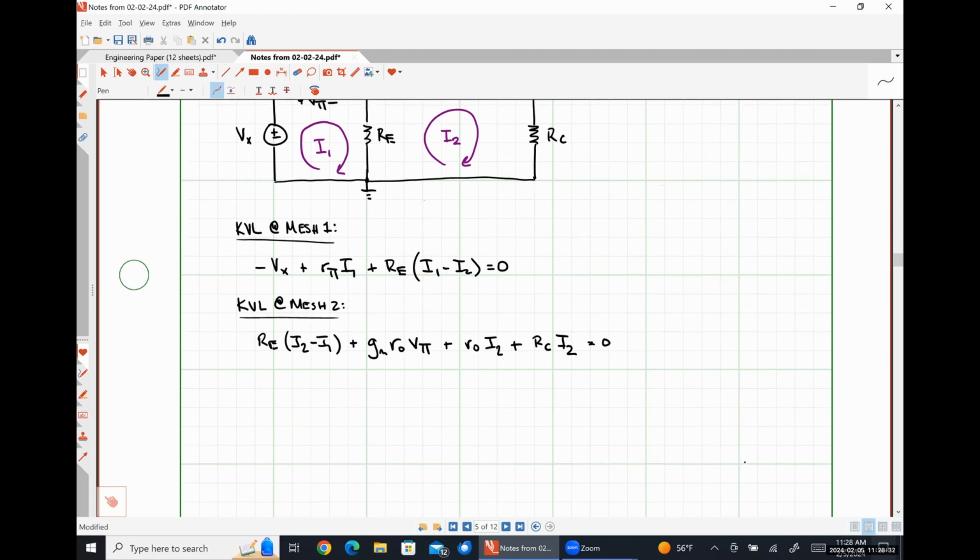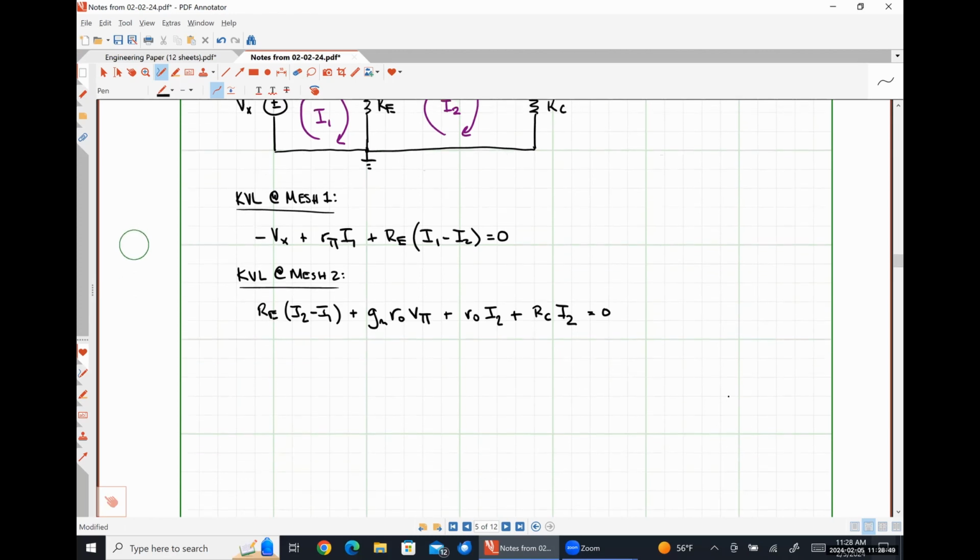So now I'm going to play around with this second equation such that I find out what I2 is in terms of I1. So I can see that I have an RE times an I2 minus an RE times an I1 plus GM R naught.